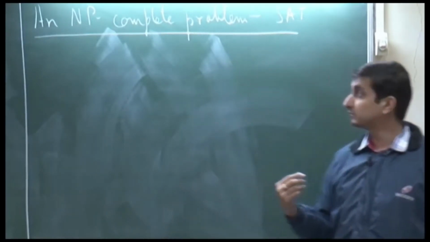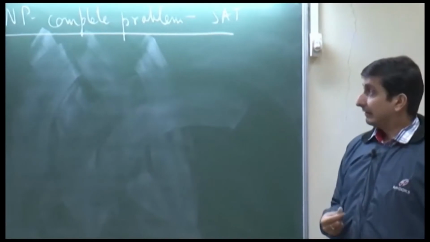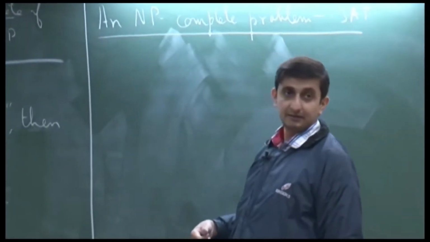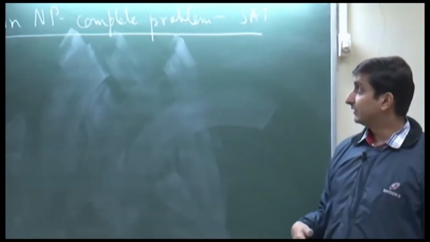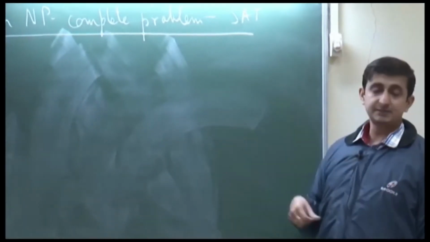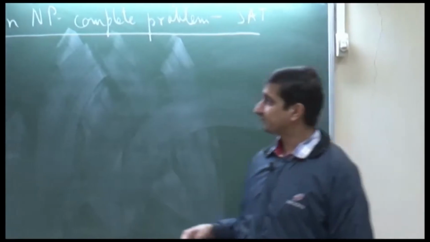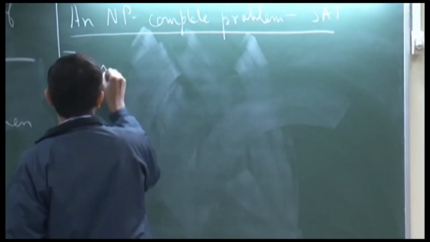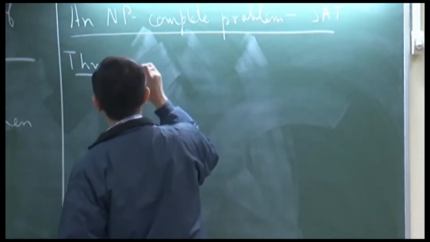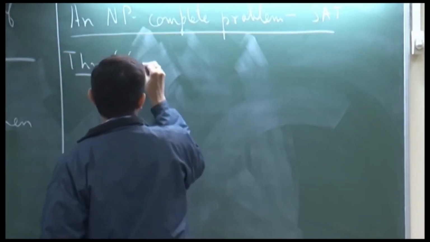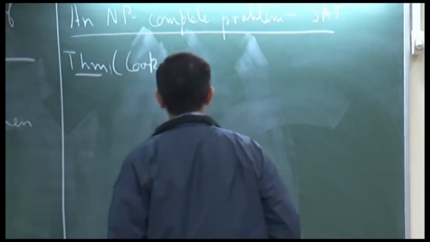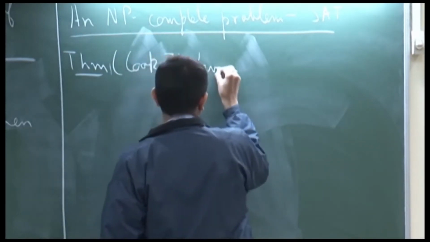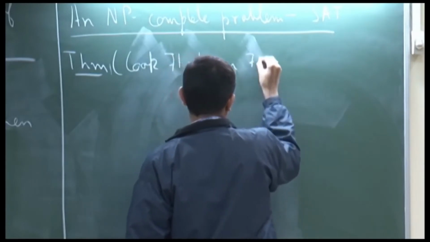And historically also, when researchers were studying NP completeness and they came up with the first NP complete problem, this is what they had shown. Okay. So, this was proved in the early 70s independently by two people, Cook in 71 and Levin in 73. Okay.